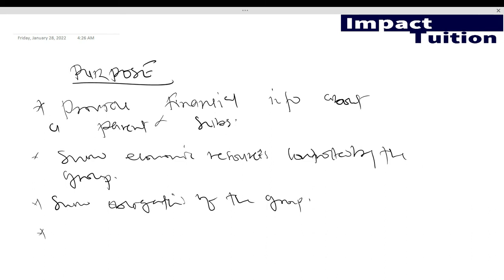And then show the results achieved with group resources. Right, so this is the purpose of consolidation. We want to provide financial information about the parent and subsidiaries, show economic resources controlled by the group, show obligations of the group, and then show results achieved with group resources.